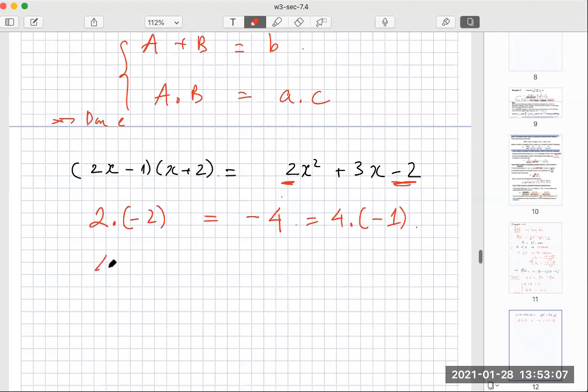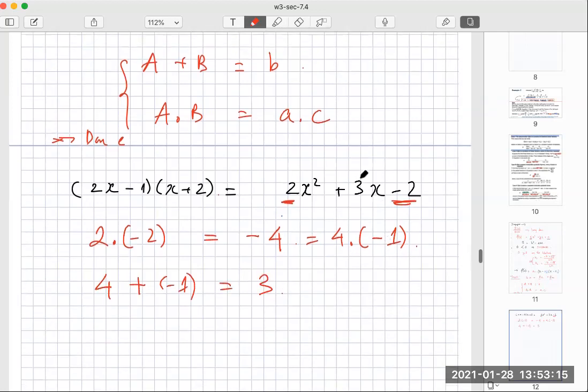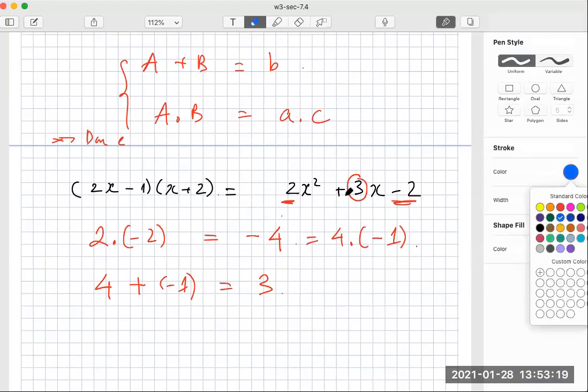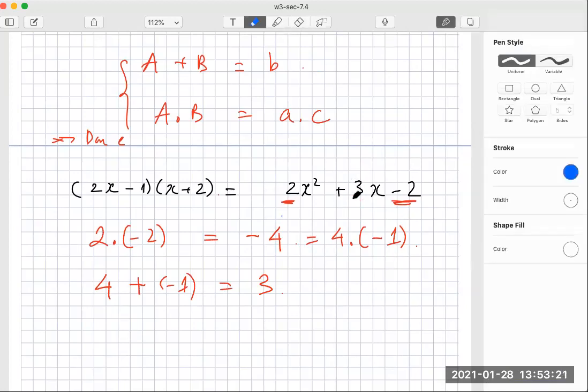And we see that 4 plus -1 is, what is it? 3, which is exactly this term here. Okay, so this is the trick.